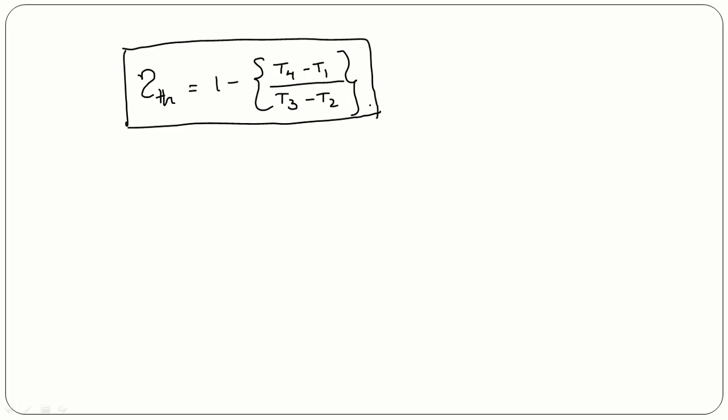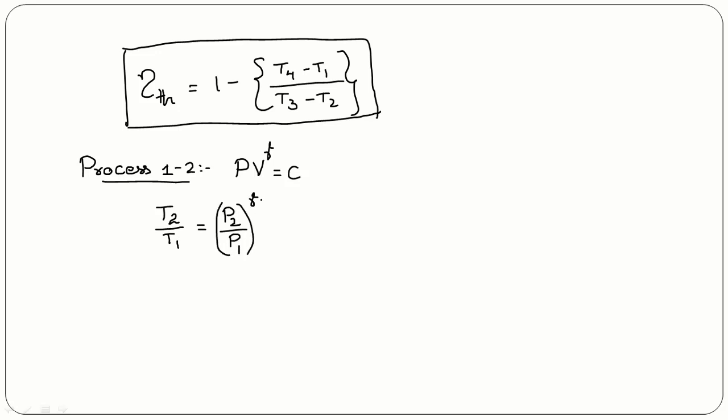Now let us get this same thermal efficiency in terms of pressure ratio. For that, let us consider process 1 to 2. This is isentropic compression, so it obeys PV^gamma equal to constant. Now from this we can write T2 by T1 is equal to (P2 by P1) to the power (gamma minus 1) by gamma. So this is the relation between temperature and pressure in an isentropic process.